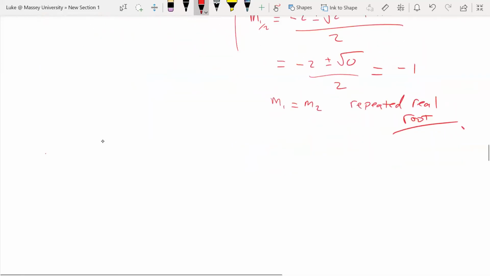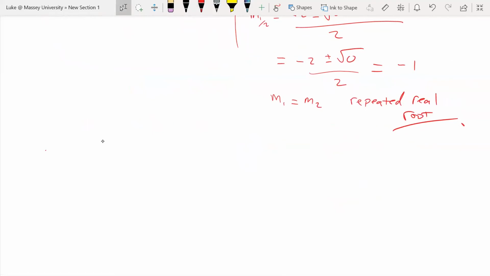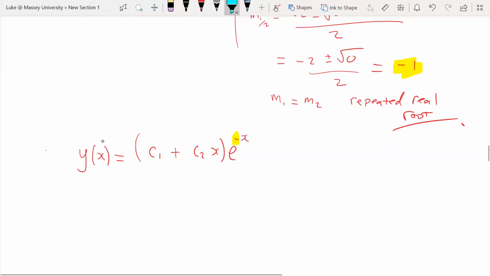Okay, so because we have a repeated real root, we know that we can write the general solution to that ODE in the following way. C1 plus C2 times x, times e to the minus x, where the minus 1 here comes from the root minus 1. And this bit in brackets here, the fact that we have the x in here, comes from the fact that we had a repeated real root.